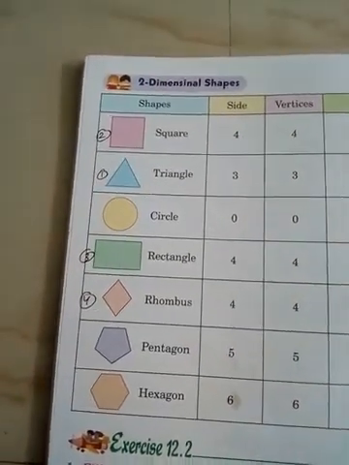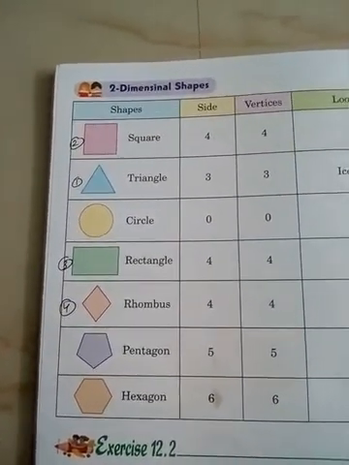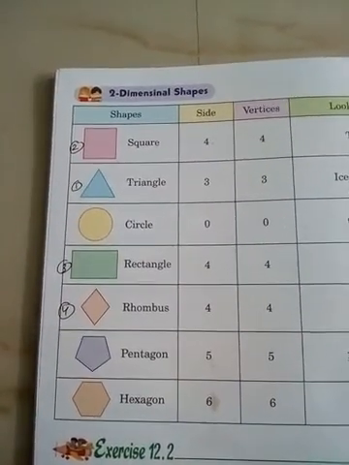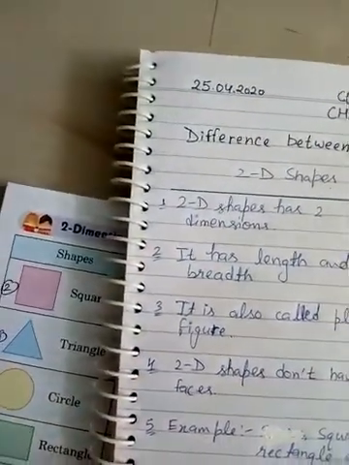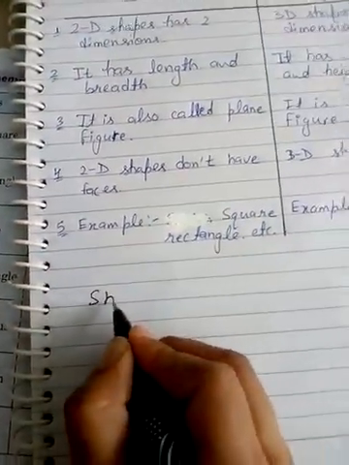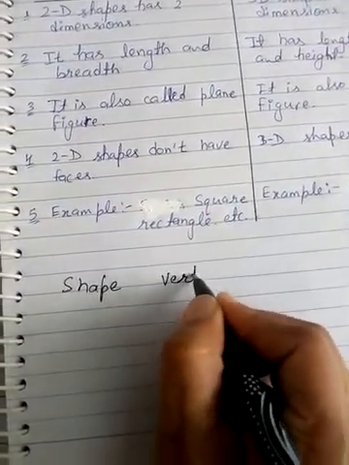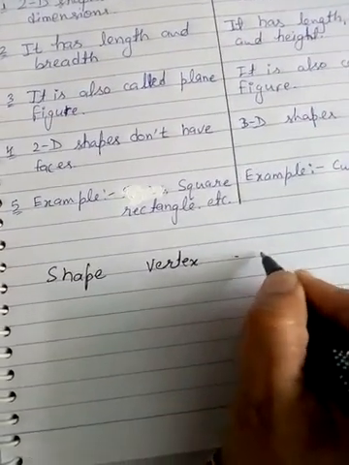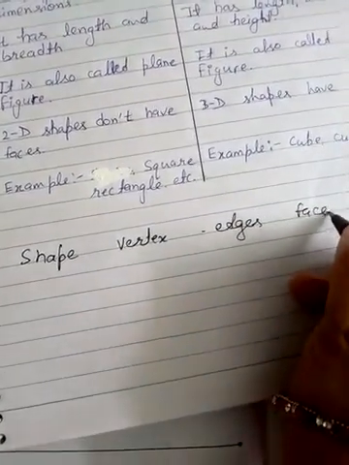Okay, and in the same way you have to make a chart of 3D shapes, three-dimensional shapes. I'll show you how you would make that table. Like shape, then vertices, then number of edges and then faces.